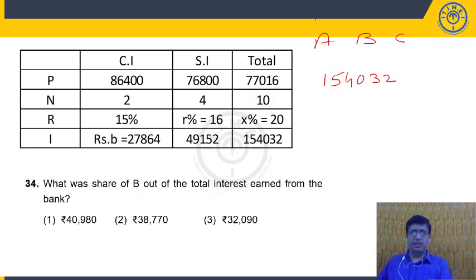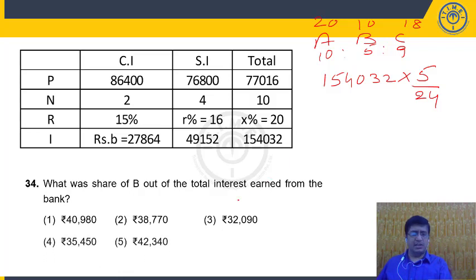X is equal to 20 and X minus 10 means 10 and 18. So, what is the simplest form? 10 is to 5 is to 9. The share of B is to be found. So, 5 by the sum of the ratios. What is the sum of the ratios? It is 24. Simplify this. Now, the result is option number 3, 32090. Solving this, you will get 32090.